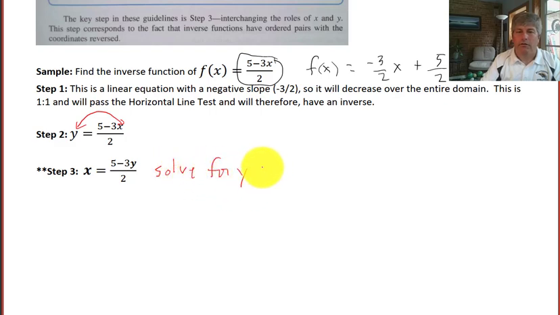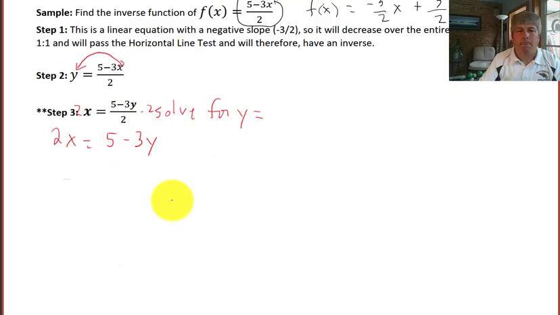Our goal here is to get y equals something. So I'm going to multiply both sides by 2, and I get 2x equals 5 minus 3y. After multiplying both sides by 2, realize my goal is to get y equals, so I'm going to take my y term and move it to the other side.